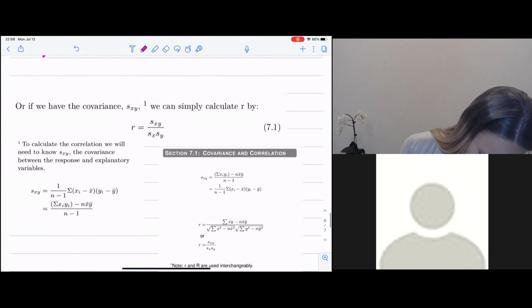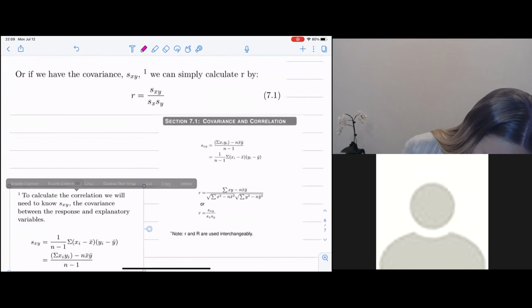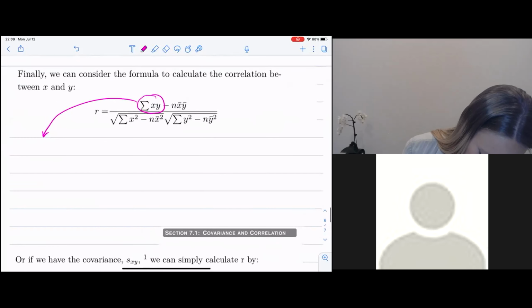And maybe what I'll do is I'll kind of bump this all down and give myself more space for now.